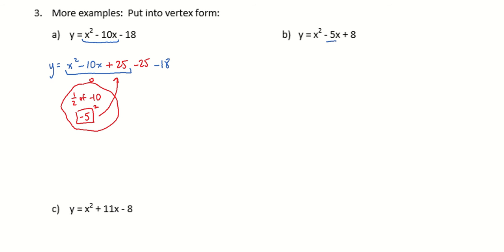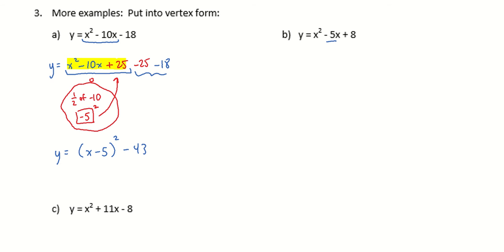Okay? Then I take the first 3 terms and I group them into the perfect square trinomial, x squared minus 10x plus 25, which can be written as x minus 5 squared. Then I take those 2 numbers and I combine them together to give us minus 43.